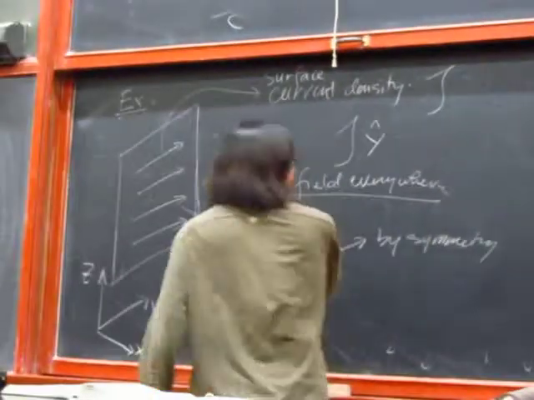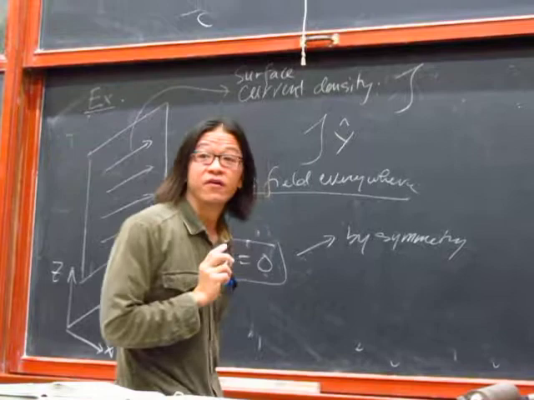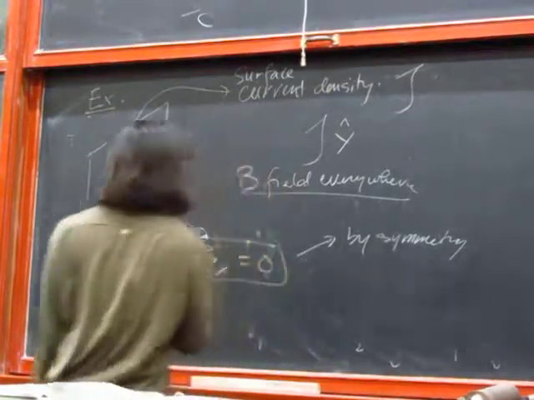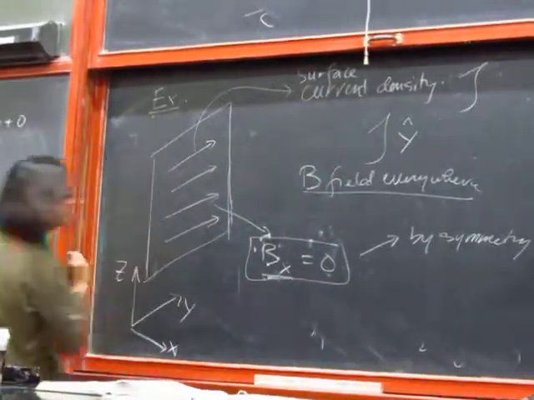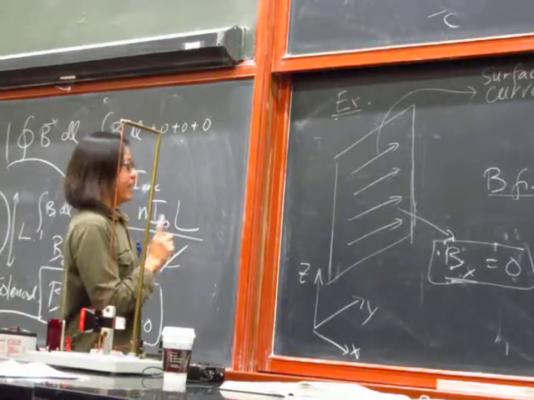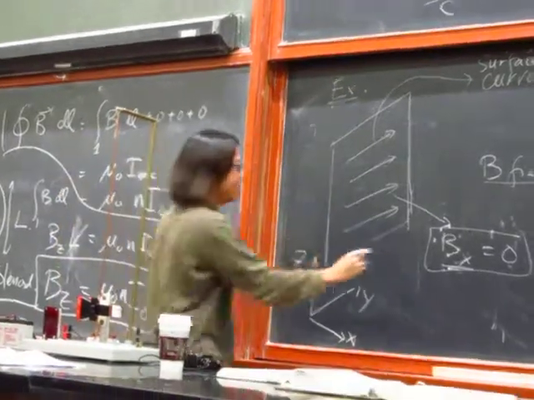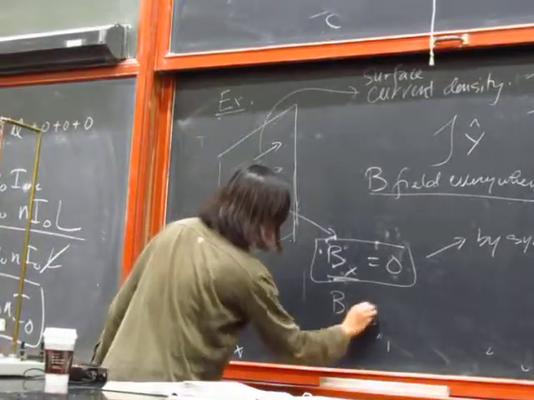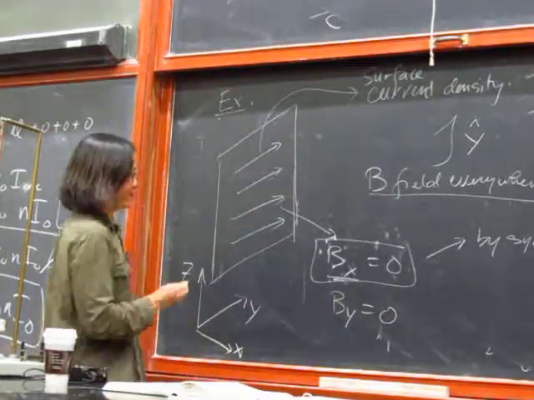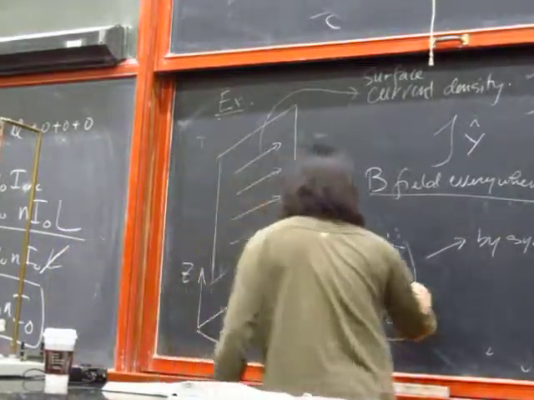If you have this, then the divergence of B is not zero. So B_x is 0, and also there cannot be B_y. B_y has to be equal to 0 by the same argument of Ampere's law.